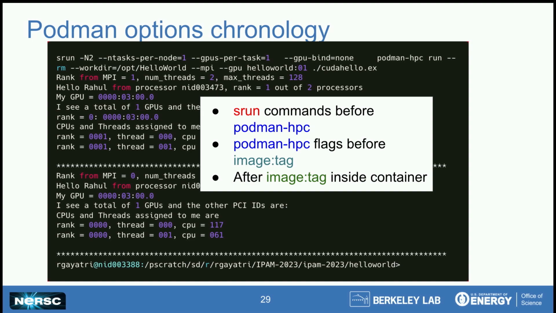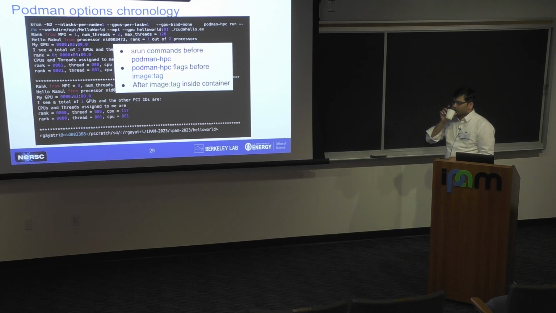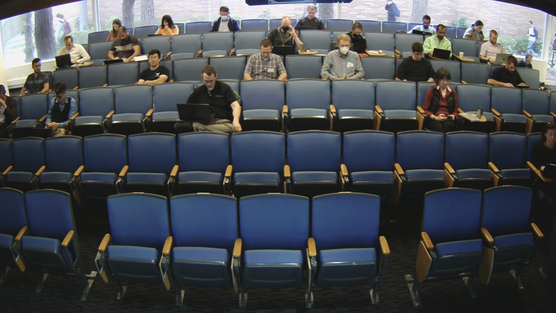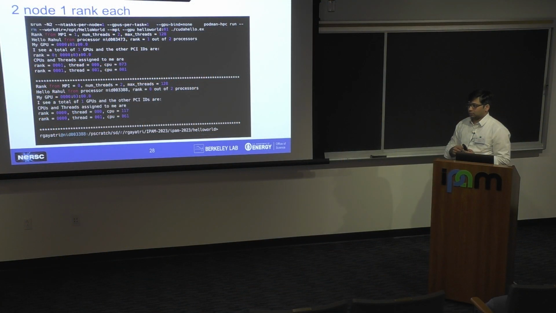I'm trying to understand, when this Podman is run within srun, how many instances are created when you have -n 2, for example? How many container instances are being launched? Just one, if you are using the MPI module. The MPI module is actually just putting you in the path of the Cray MPICH.